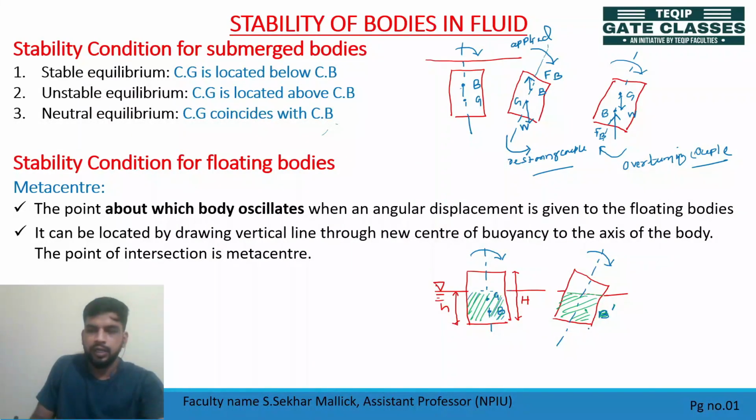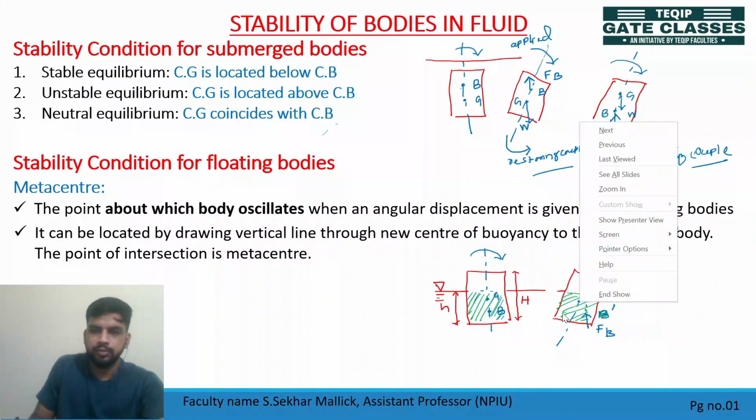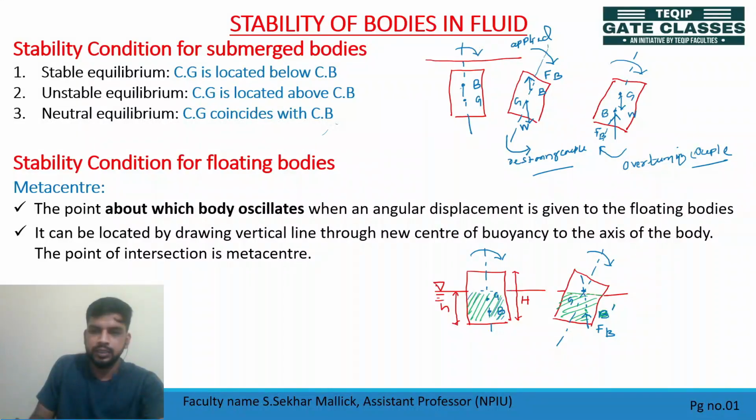Okay, and if I produce this line, this is the force of buoyancy, then it will meet the axis of the body at some point. And suppose this is your center of gravity G, then the line of action of this buoyant force will meet the axis of the body at some point.